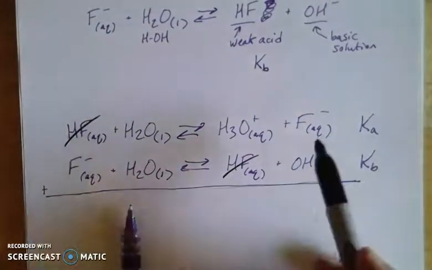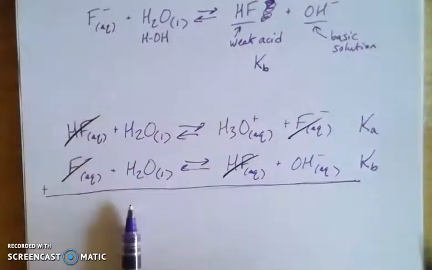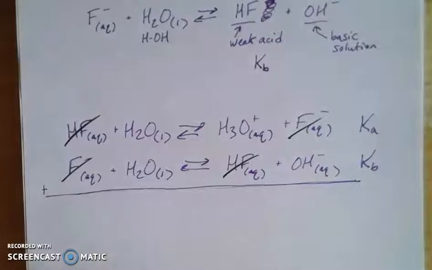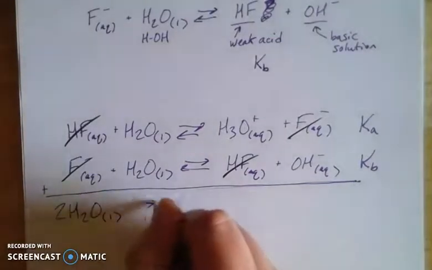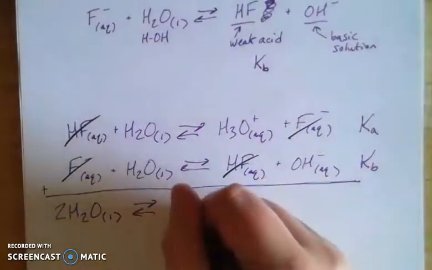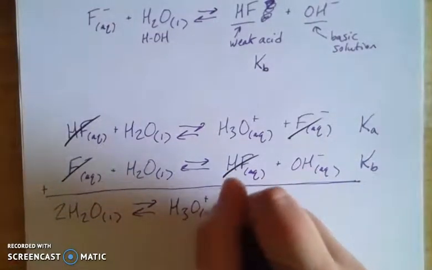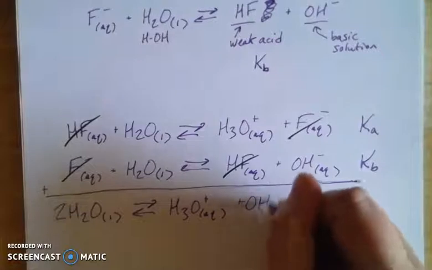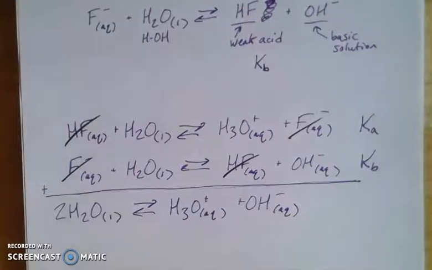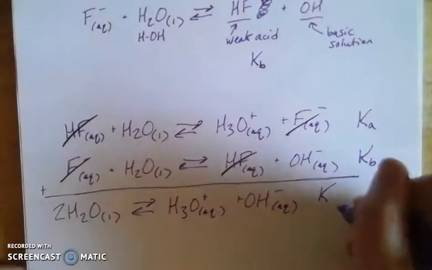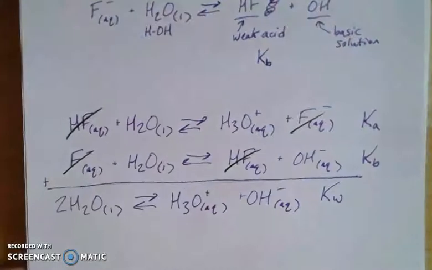I have fluoride on both sides, get rid of that. My take-home message from this whole process then is that I have two waters that are in equilibrium with hydronium and hydroxide. Now you should look at that and say, oh, well, it's the autoionization of water, of course. And this is my equilibrium constant, this is that Kw value.